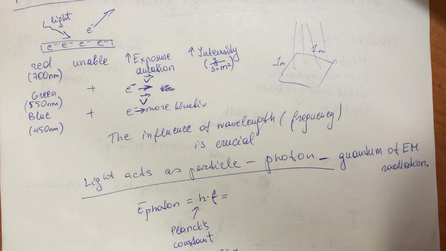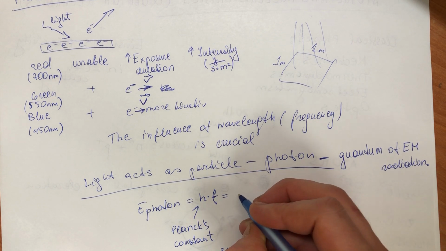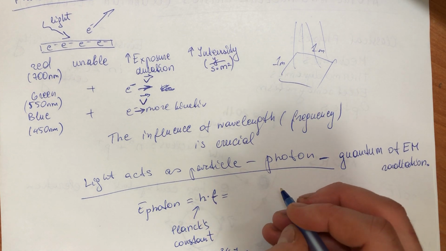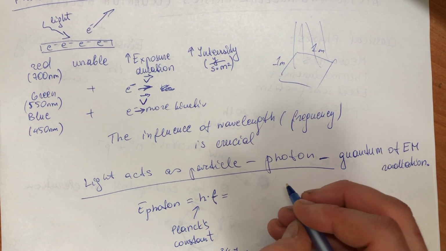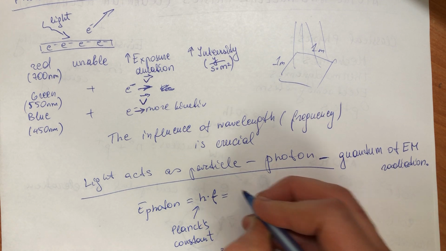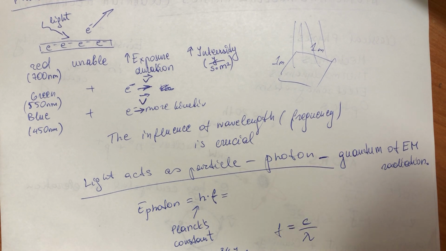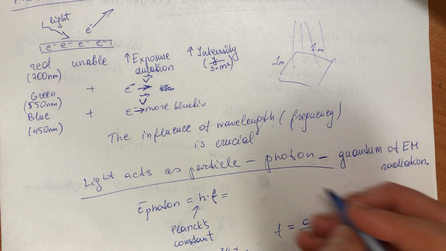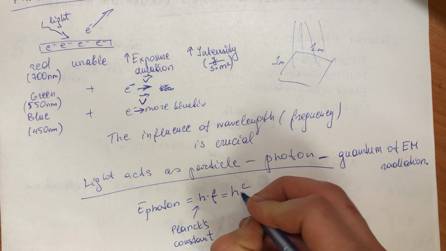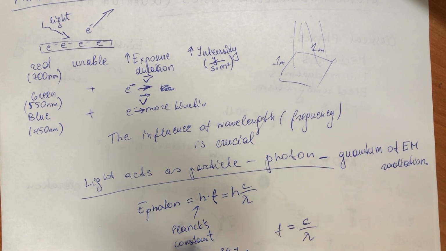So this is Planck's constant, and this is frequency. Frequency can be related as speed divided by lambda, the wavelength. So we can write hc over lambda.